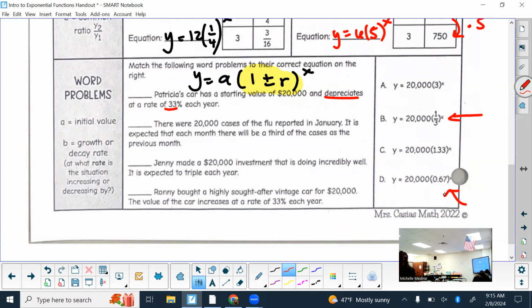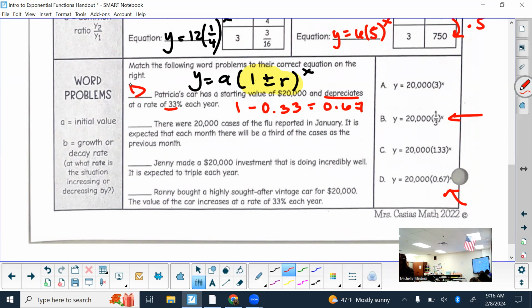Make sense? Now, which one has 1 minus 33% as a decimal? So 1 minus 0.33, because that's 33% as a decimal, is 0.67. So the one that matches Patricia's is D.